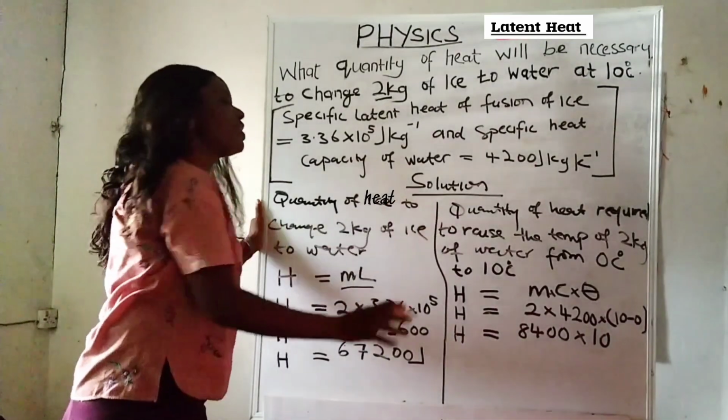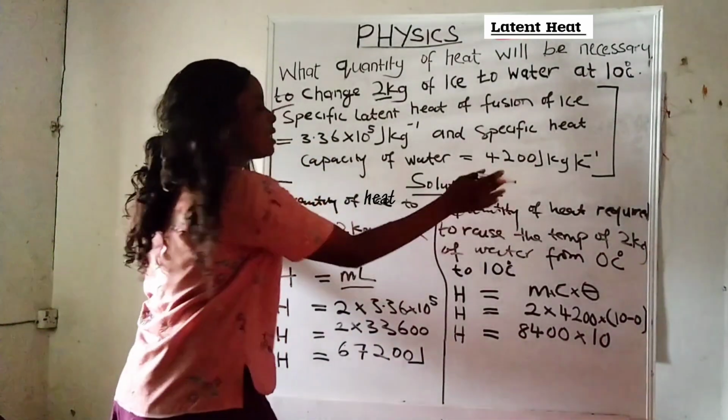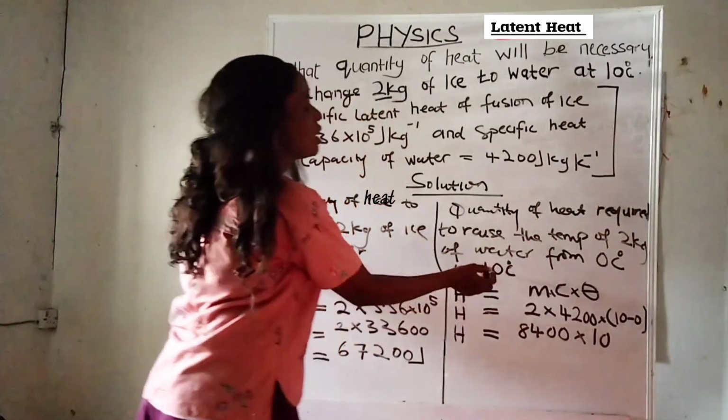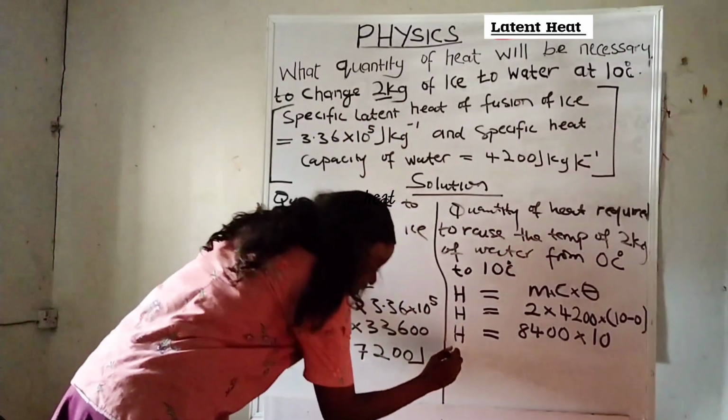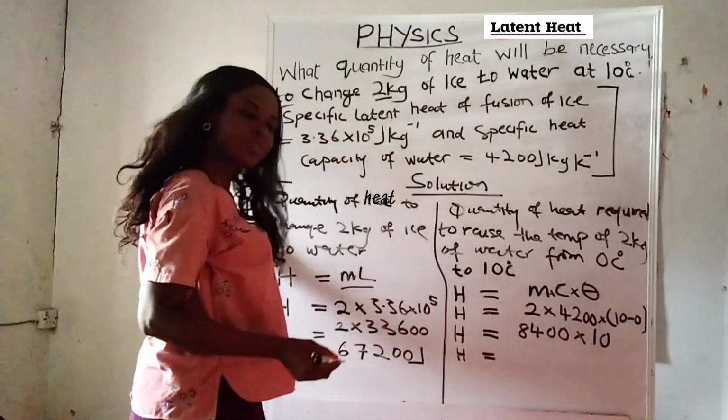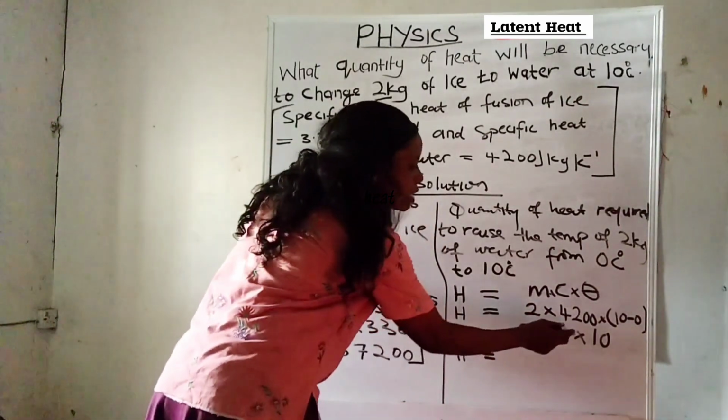Finally, the quantity of heat required to raise the temperature of these 2 kilograms of water from 0 degrees Celsius to 10 degrees Celsius is 8400 times 10.